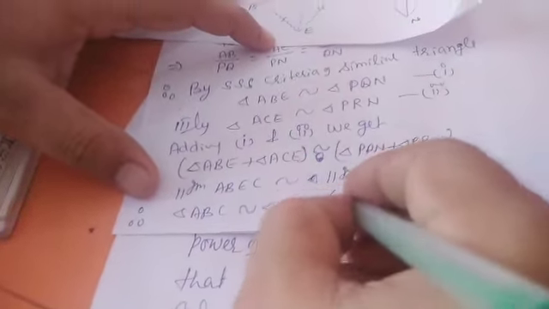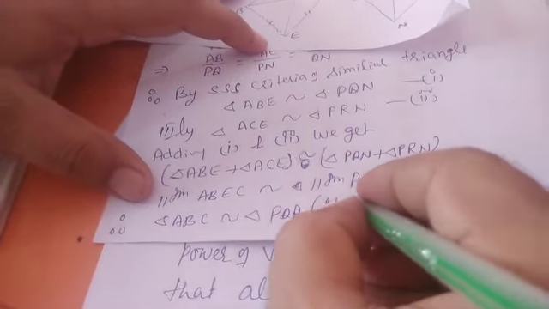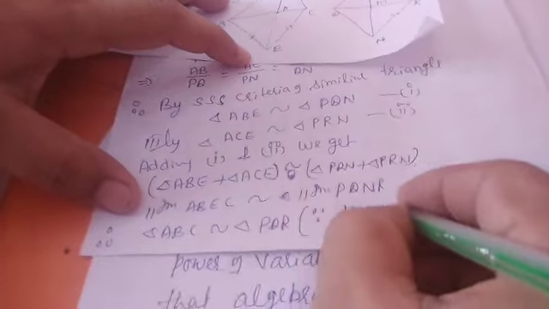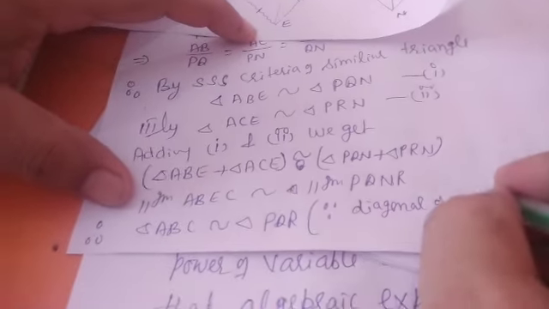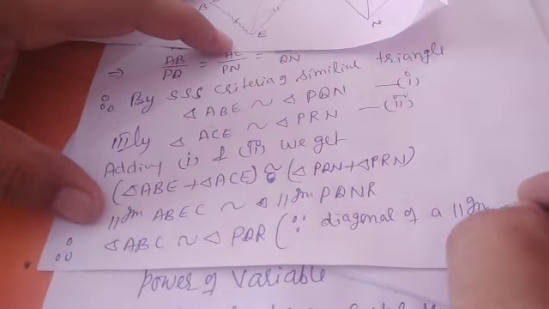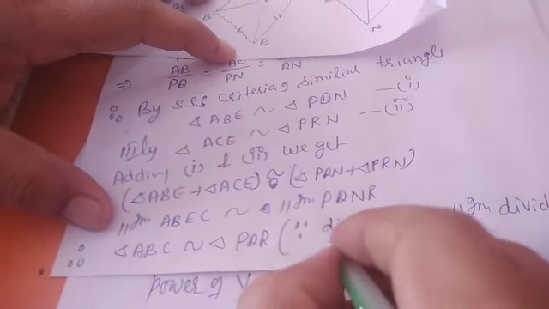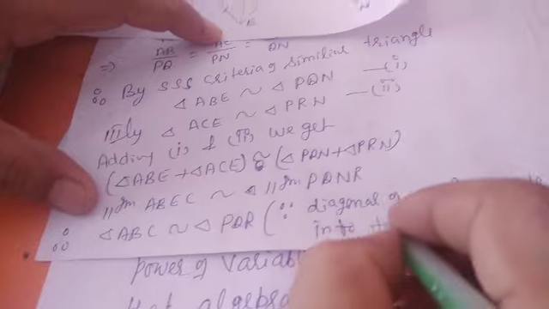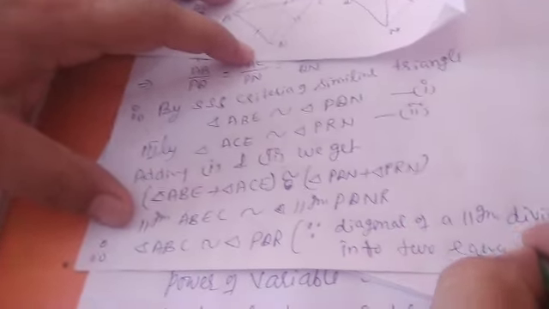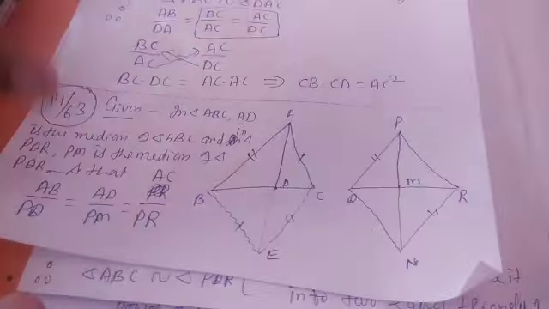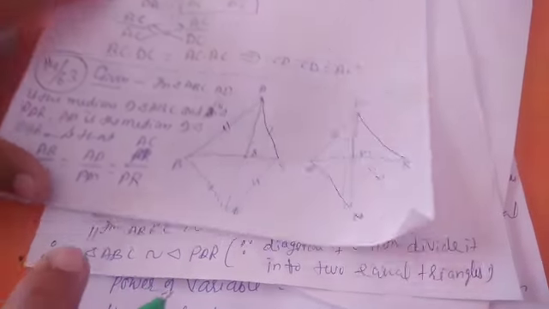Why? Diagonal of a parallelogram divides it into two equal triangles. Hence result. So in this way you can solve. Try to solve it. If any problem, again we will discuss.